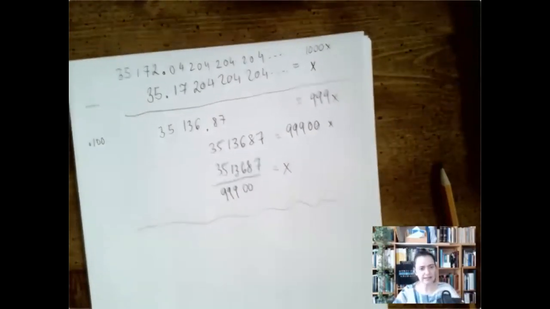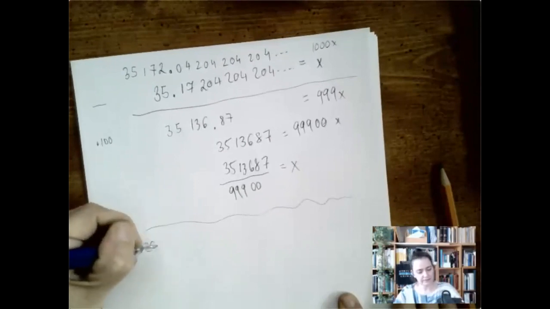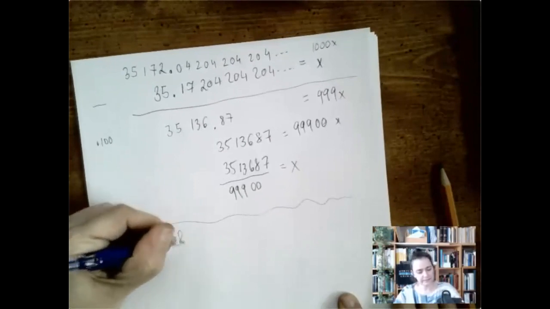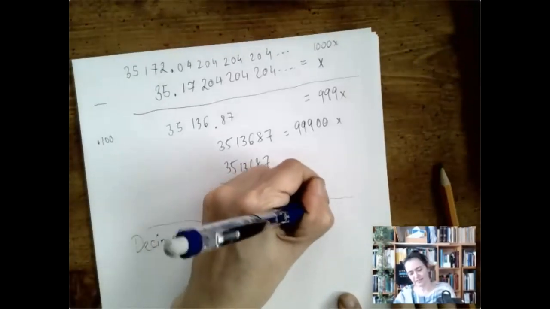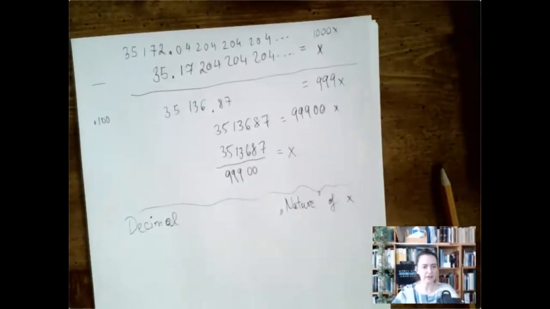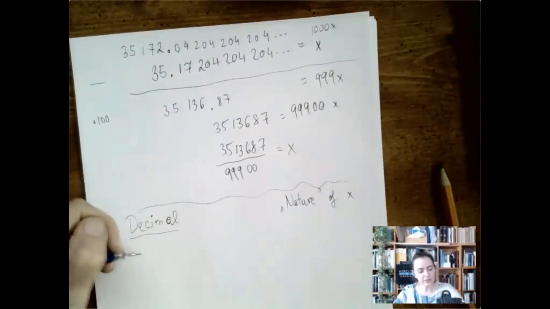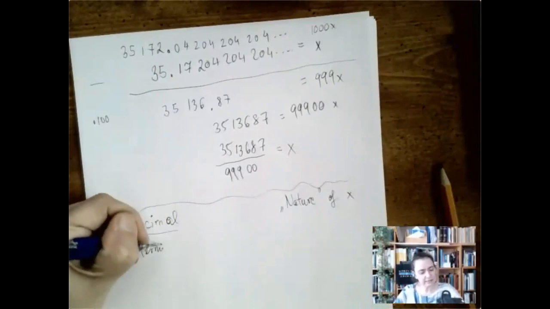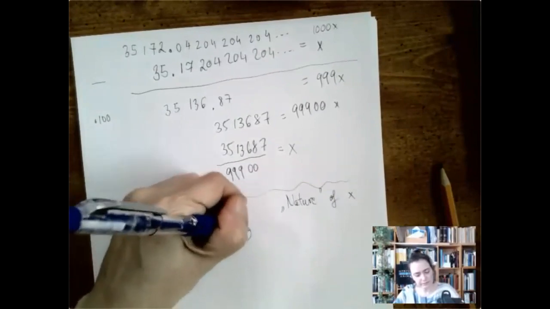Okay. So here is what we have. Here is the decimal, and here is the nature of the number. There is a noun for the classification of whether it's prime or composite, but for rational or irrational, I don't know the word. So if the decimal terminates, the number is rational.